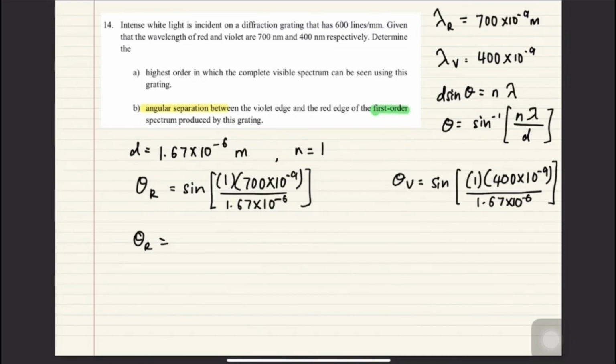Saya dekat 24 point something. Right? 24.78. Cuba tekan balik. Theta V here I got 400 and then 9. Okay, I got 13.88. Sorry, 13.86. Sama sir. Sama.